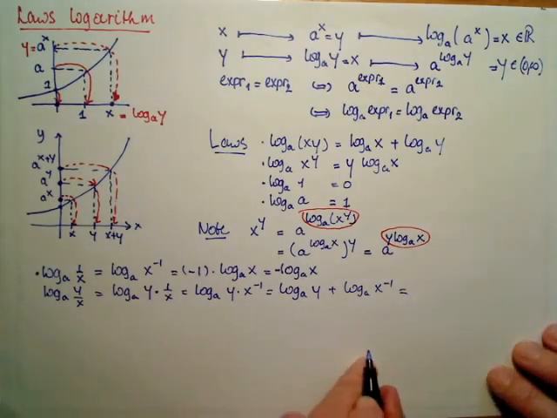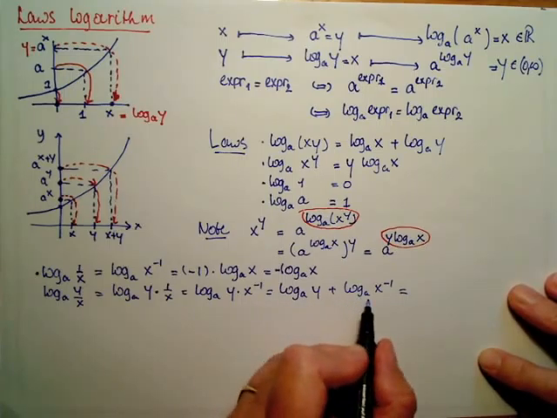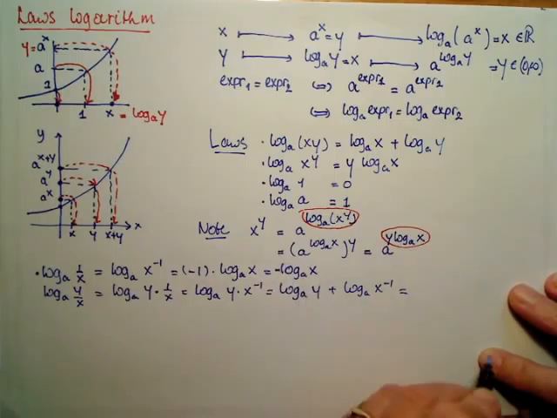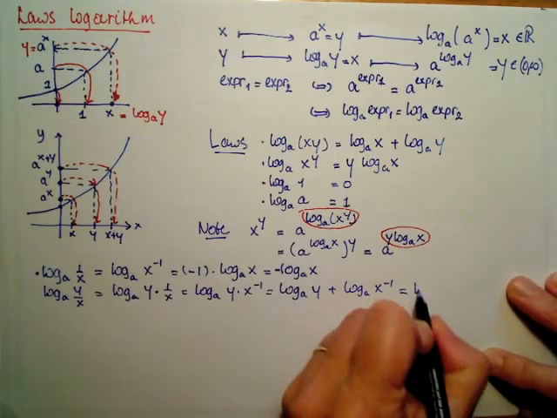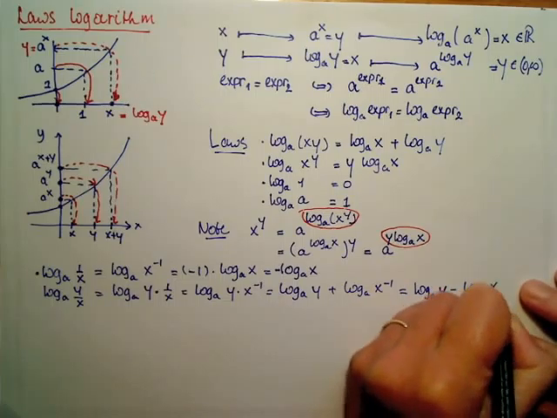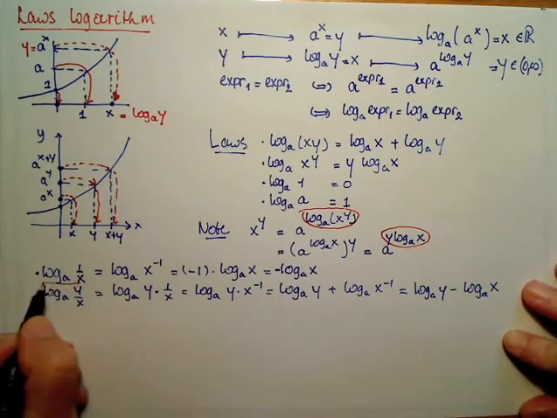So log y plus log of x to the power minus 1, we replace it by minus log x, is log y minus log x, and this is precisely this missing rule.